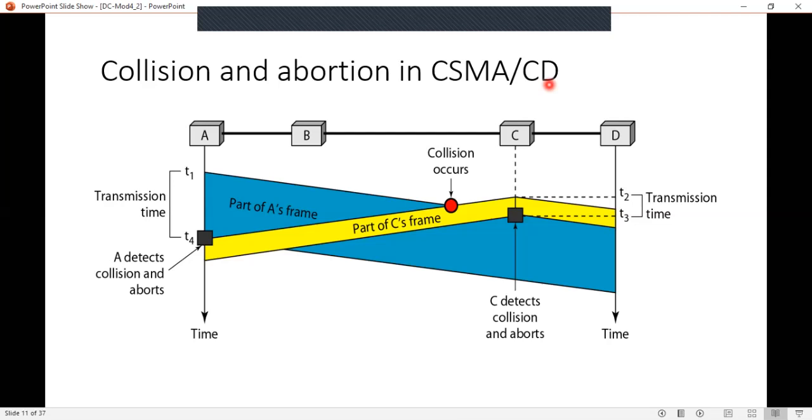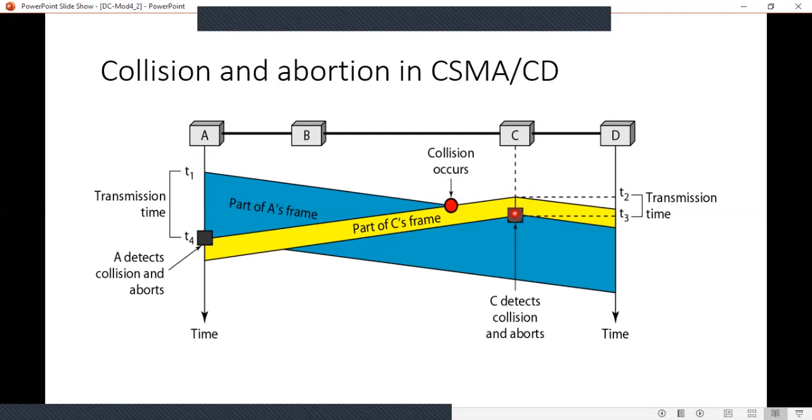Here is the point of collision where A collides with C, and the transmission time of C is t3 minus t2, from here to here.